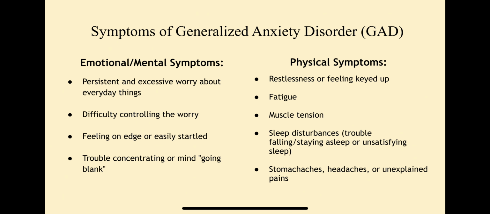So this slide is going to be symptoms. I have them separated into emotional, mental, and then physical. So some of the emotional symptoms are everyday or very often excessive worry about things in your daily life, difficulty controlling that worry and helping yourself not worry about those specific things, feeling on edge or easily startled, having a hard time concentrating, whether that's in work or family life or school, your mind going blank, as I have it stated there.